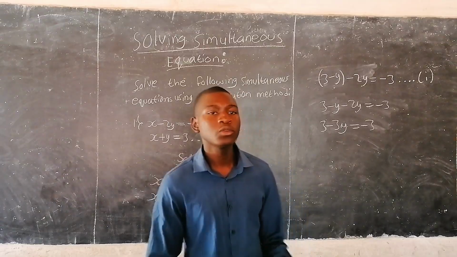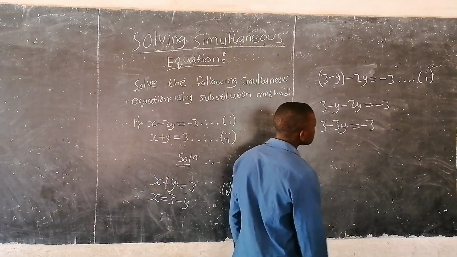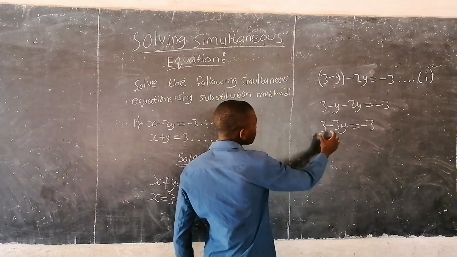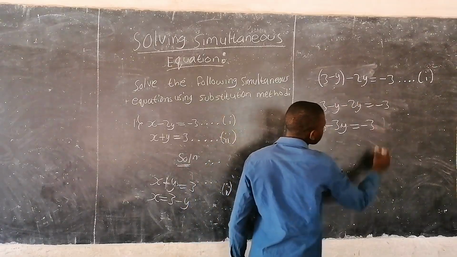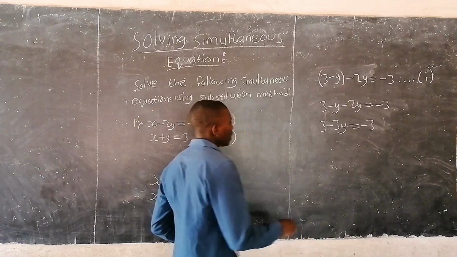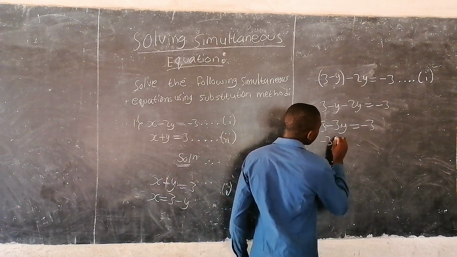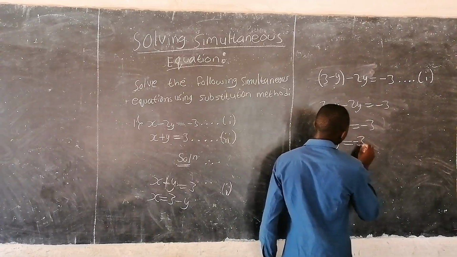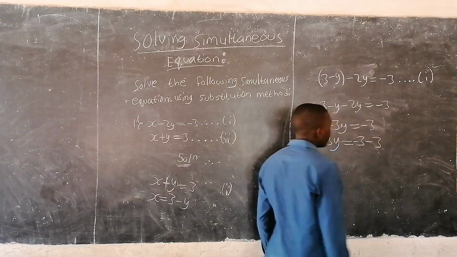And we'll have to group the like terms. As we can see, 3 and negative 3 are like terms, so we'll take 3 across the equal sign, and it will change its sign to a negative. We'll be left with negative 3y is equal to negative 3 minus 3.